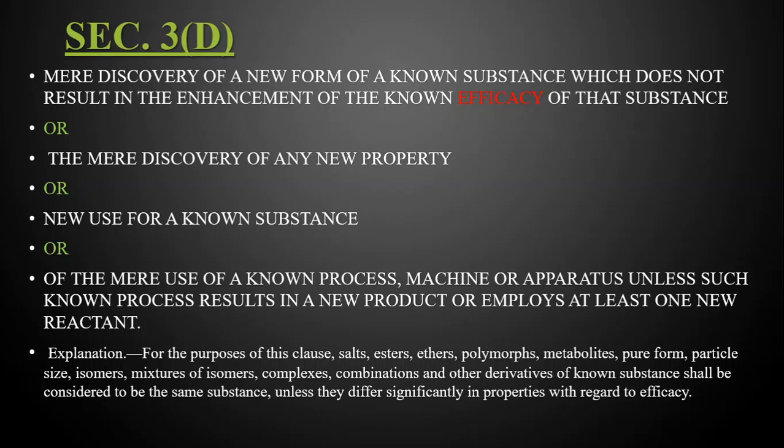So this is about Section 3 clause D, and many patents, especially pharmaceutical patents, have been denied just on the basis of Section 3 Clause D, because Section 3 Clause D also deals with avoiding evergreening of patents. We'll come to evergreening of pharmaceutical products especially. So we'll come to that concept also later on. So that's about Section 3 Clause D.